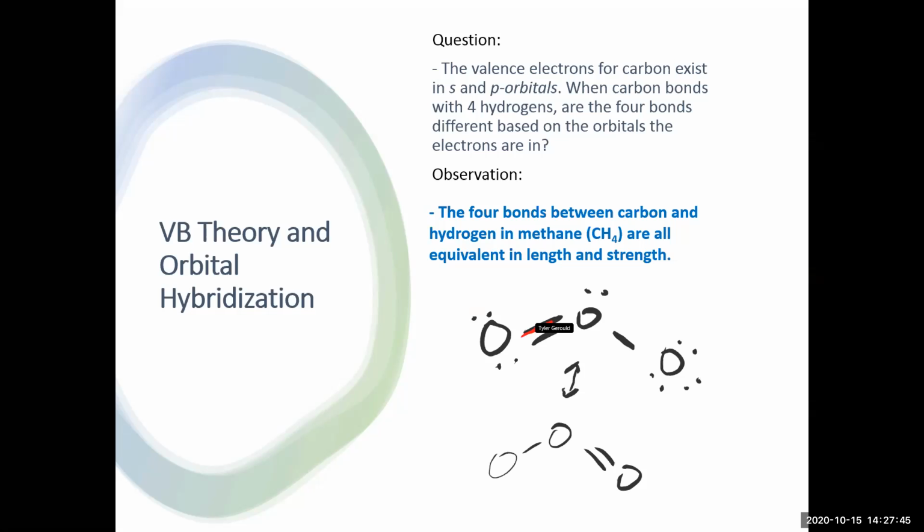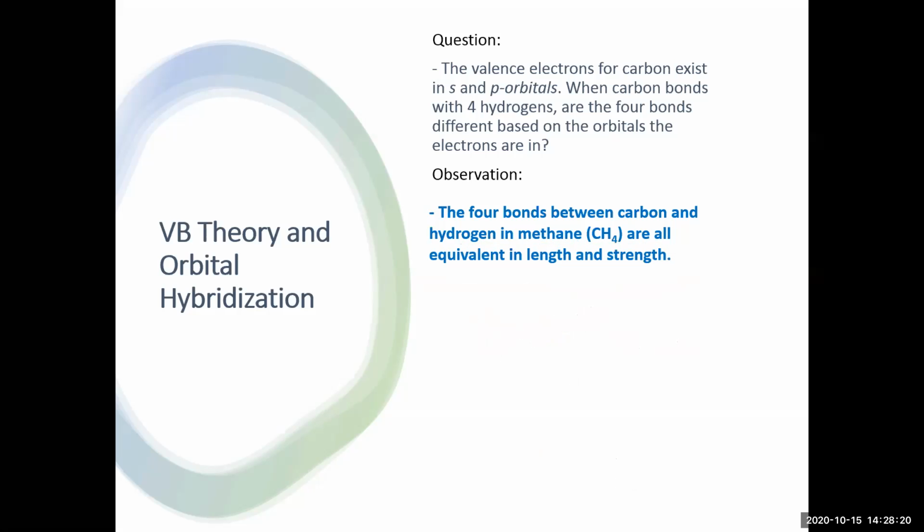We can draw a double bond here or a single bond here, or a single bond here or a double bond here, but both of these are the same length and strength, even though one is technically drawn as a single and one is a double when we draw it out. But in reality, these are the same length. So resonance proposes a really interesting situation. We'll come back to this idea of equivalent length and strength when we get to resonance, and that's the more complicated situation. The simple situation is in methane, where they all obviously look like the same carbon-hydrogen bond.